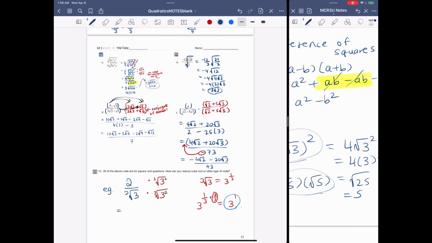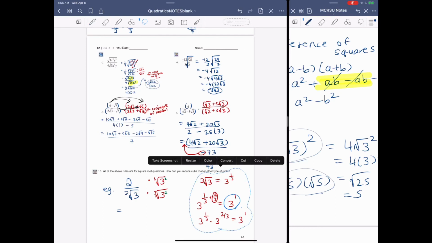Okay, and so an expanded version is: 3 to the 1 over 3 times 3 to the 2 over 3 is equal to 3 to the 1. All right, so this is my rough work.